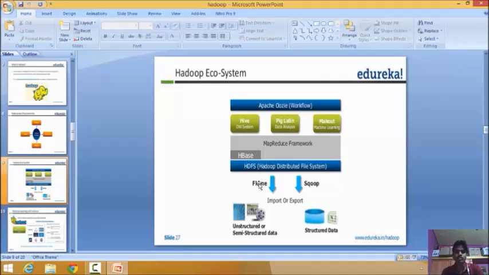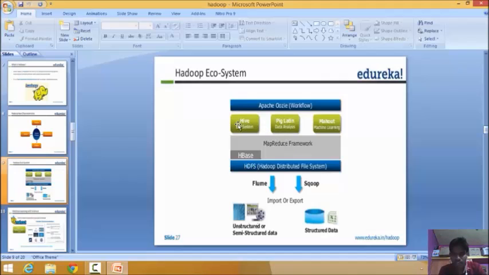Let us discuss this in the further tutorial. Let us move on. We have the Hadoop distributed file system. Above that, we have the MapReduce framework. This MapReduce framework is very important. This is the basic framework which is involved in processing big data.